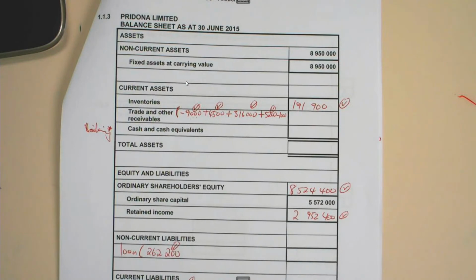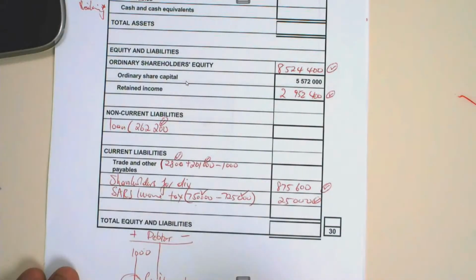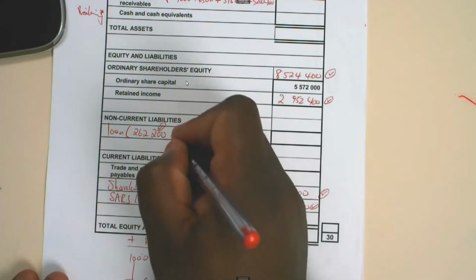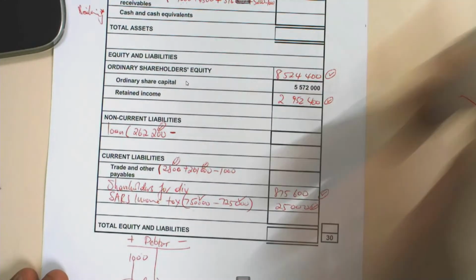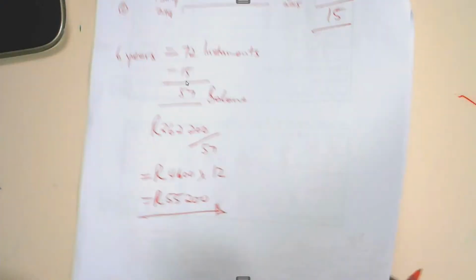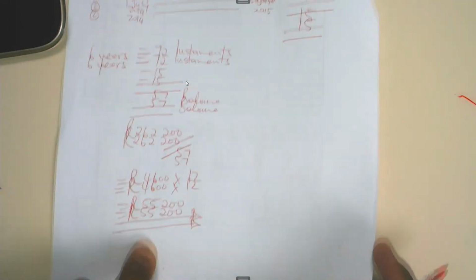Now on the face of our balance sheet, what will we be paying in the next 12 months? Is that amount here, 55,200.